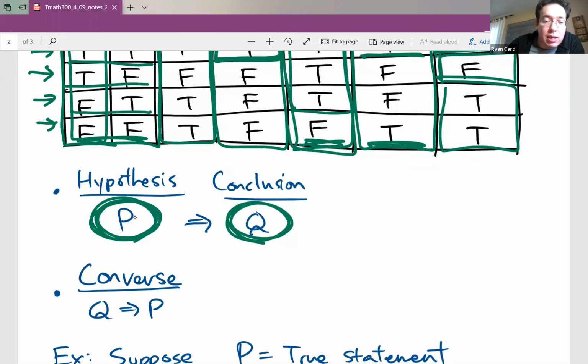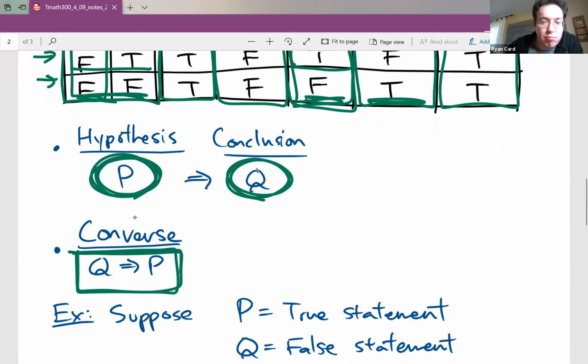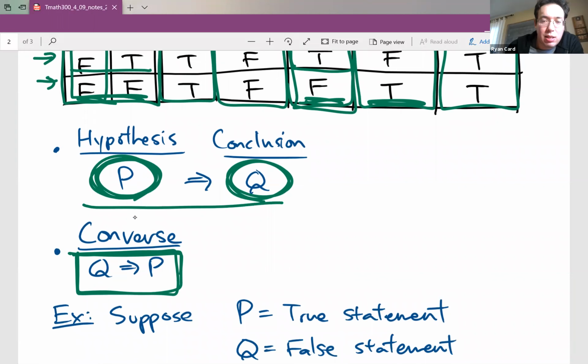And the opposite statement, the arrow that points the other way, where Q is pointing towards P, is a different logical statement than before. It's called the converse of P implies Q. So that's the converse statement compared to this P implies Q statement.